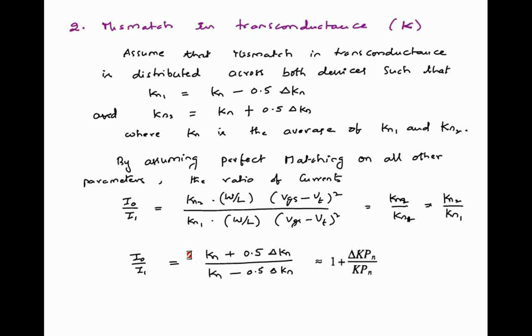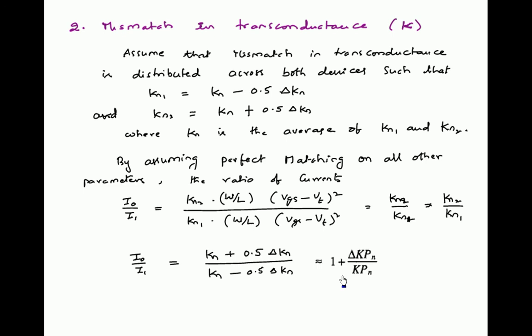Assume perfect matching on all other parameters of the drain currents, so that I0 by ID1 is simply equal to Kn2 by Kn1, that is (Kn plus 0.5 delta K) over (Kn minus 0.5 delta K), which is approximately equal to 1 plus delta K by K. So as the mismatch increases, the ratio differs by a large amount.